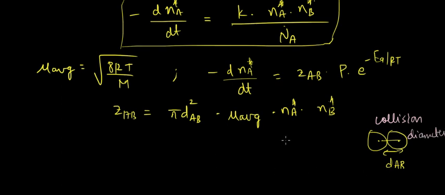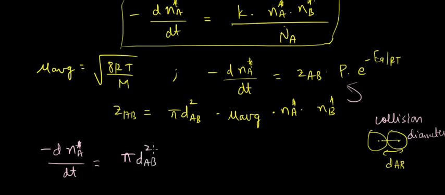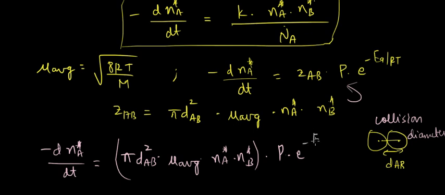Just substituting the value of ZAB in the above equation, we get the rate of disappearance of molecules of A per unit volume equal to pi dAB square times U average times Na star Nb star times probability of collision multiplied with e to the power minus EA upon RT.